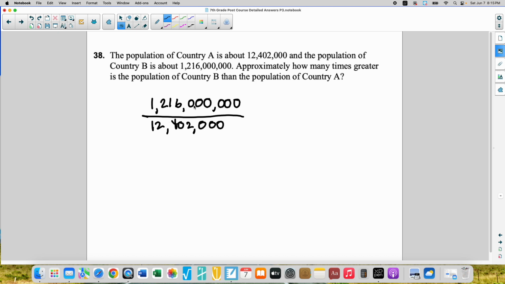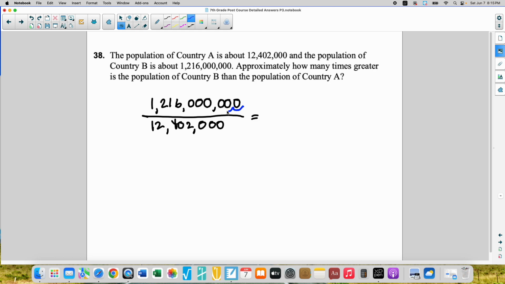So let's turn this into scientific notation. My decimal is right here at the moment, and I'm going to move it until that number is between 1 and 10. So right now it is 121,600,000. Now it's 100 something. We just keep moving it.